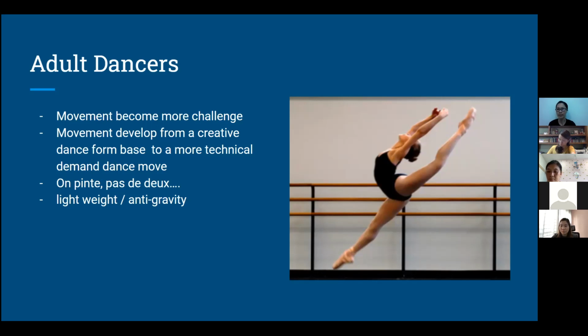On pointe, your surface becomes so small. When you're on pointe, you can see most dancers shrug up their shoulders, holding themselves, and when they are dancing they forget to breathe. That's why the artistic level drops, because they are holding tension uncontrollably.